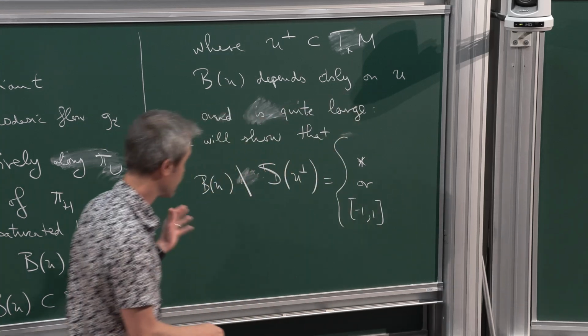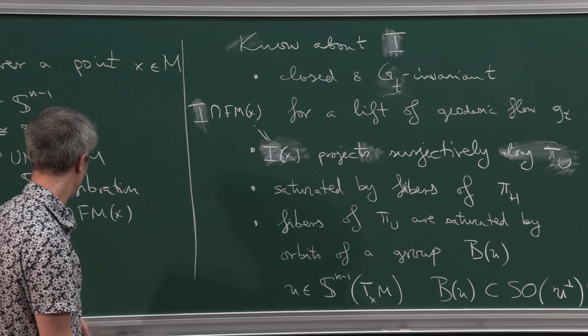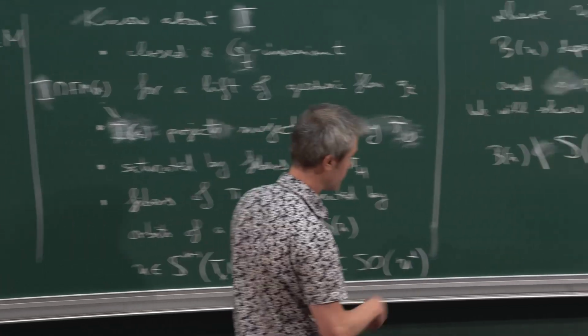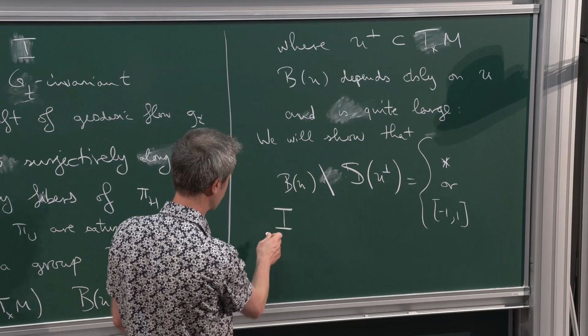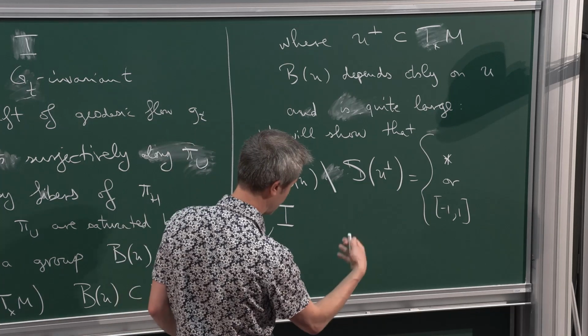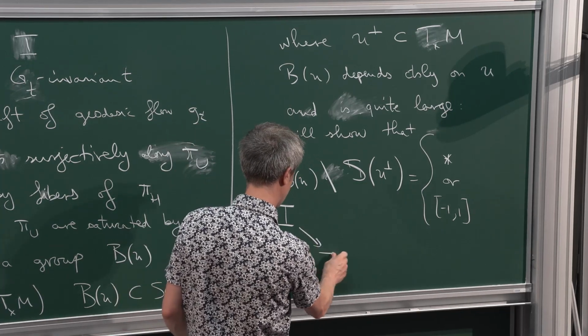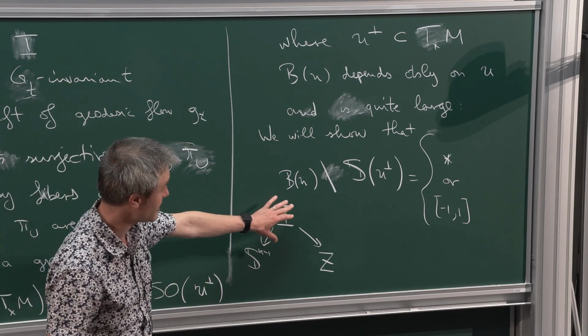So the space of orbits is essentially like the orthogonal group of one dimension less acting on the unit sphere by rotations. Once you have this information, you just have to play a little bit with this diagram and do some games, analogous games, that I'll explain in a minute, and you can conclude from this that I really has to be everything.